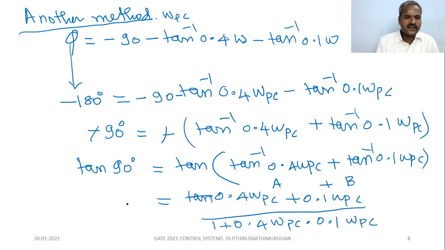So this is equal to infinity. Tan 90 is infinity, which we write as 1 by 0.